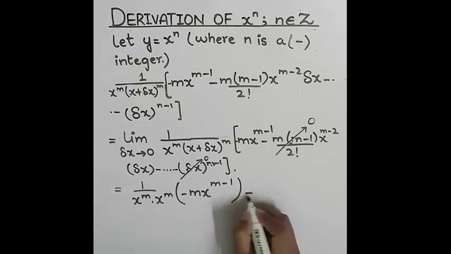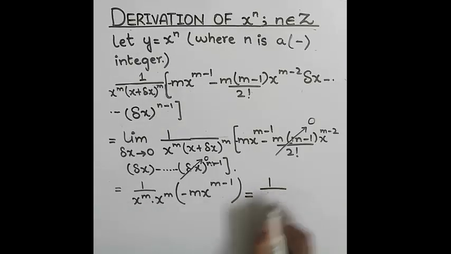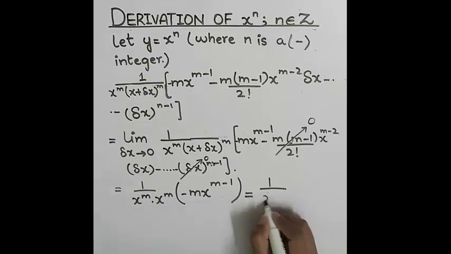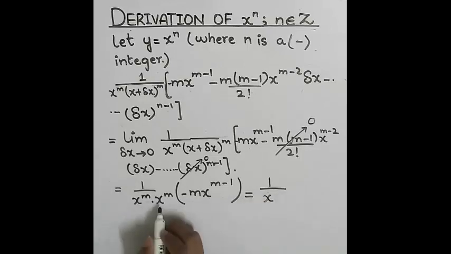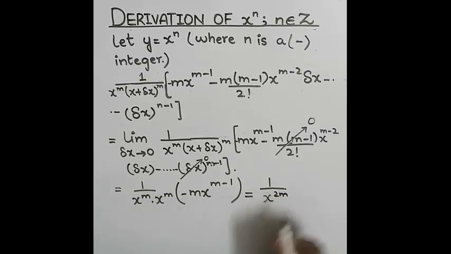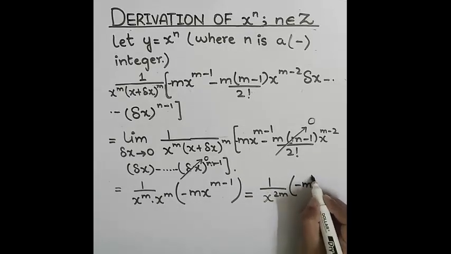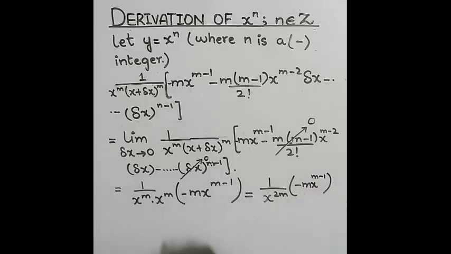Now this is x^m and this is x^m, and we know that when bases are the same, powers are added. So x is the same base, so the powers will add to 2m, and this minus m x raised to power m minus 1 will come as it is. Now minus m, and this is x raised to power m minus 1. Here it is in the denominator form.